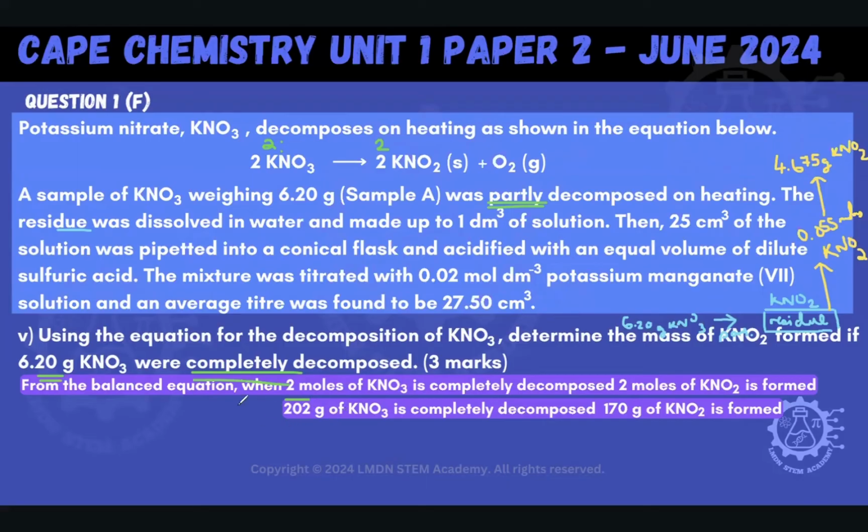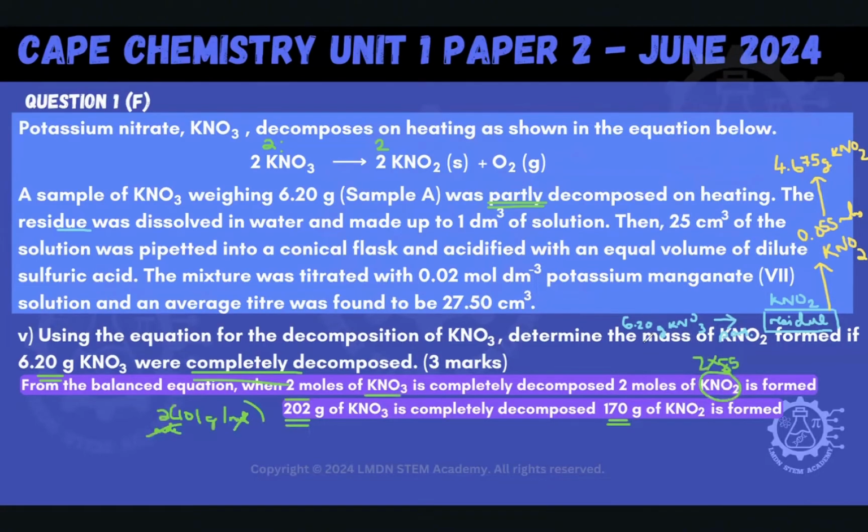We get that 202 by saying 2 times the molar mass of KNO3, which is 101 grams per mole, so that is 202 grams. And earlier we calculated that the molar mass of KNO2 was 85. If you multiply that by 2, you get 170.